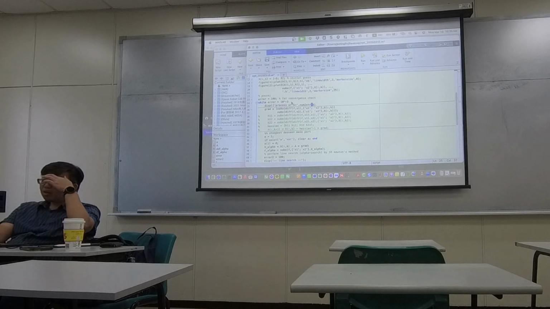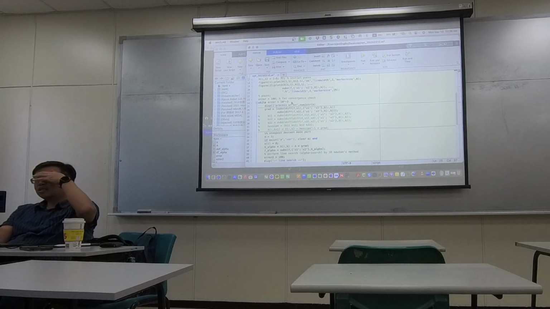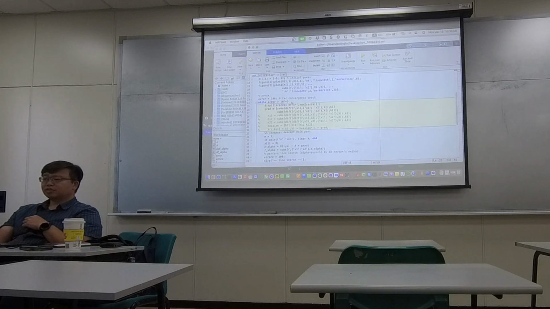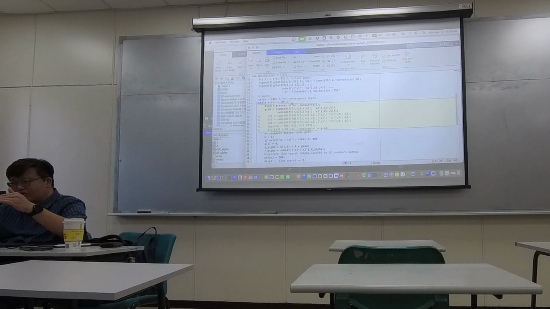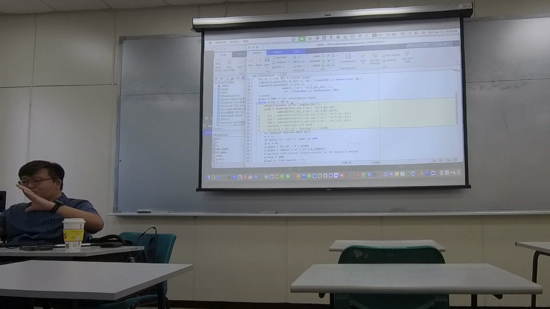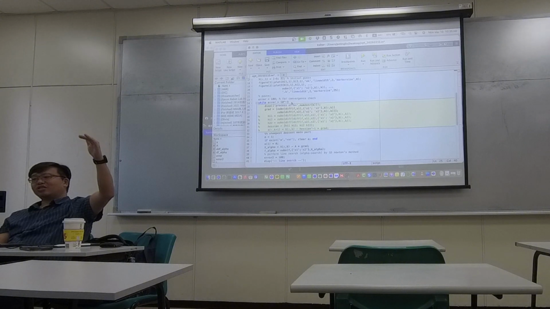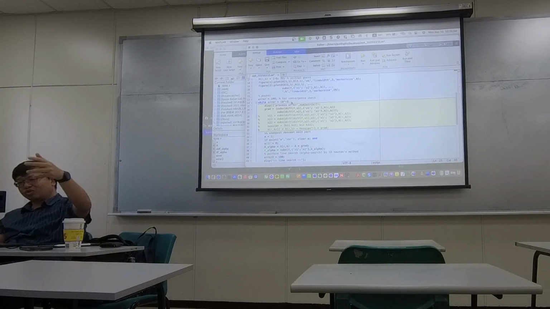I just plug in the k value. So every time we enter the loop, on the command window it says this is the process of k equals 1, k equals 2, something like that.